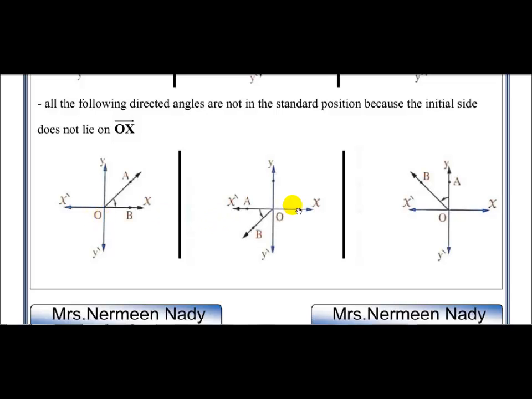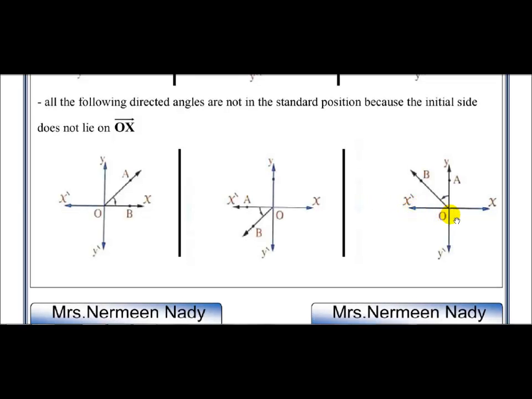Look at this one. What is my initial? My arrow is in this direction, so the initial is OA. OA lies on the negative direction of the x-axis, so this directed angle is not in the standard position.